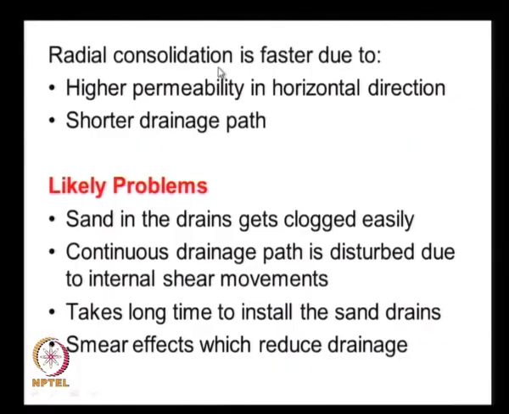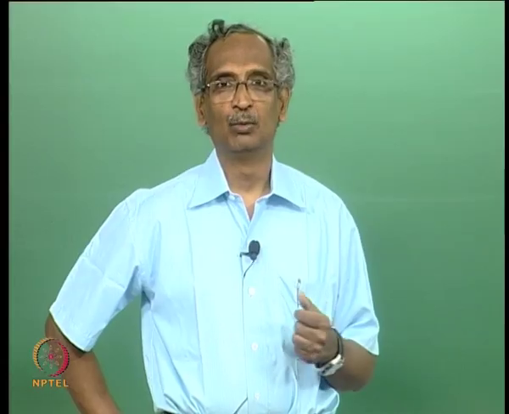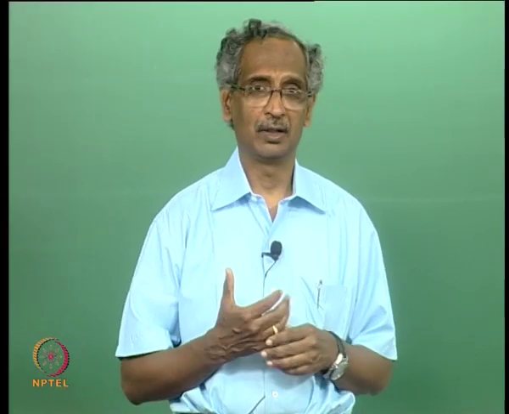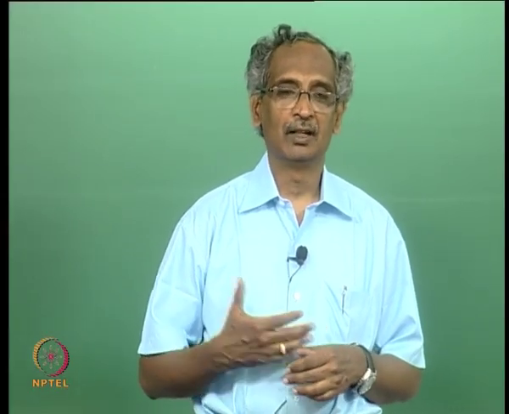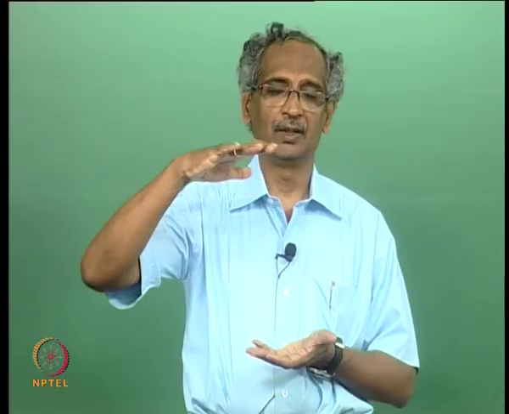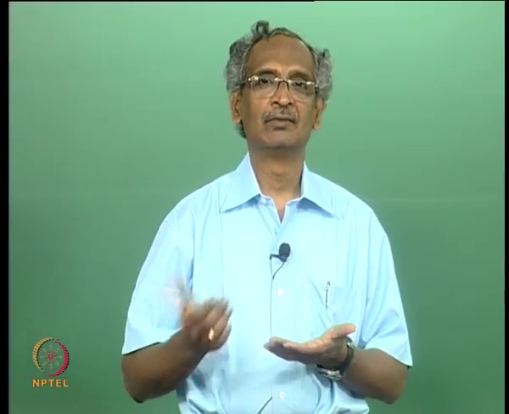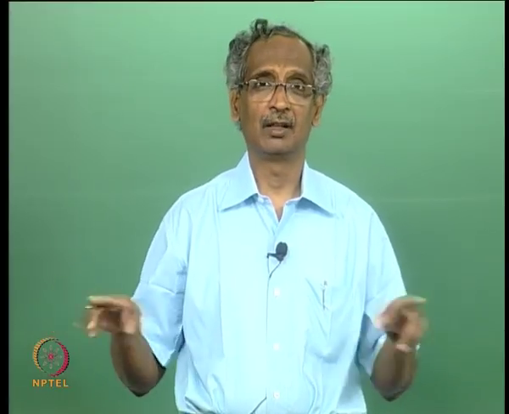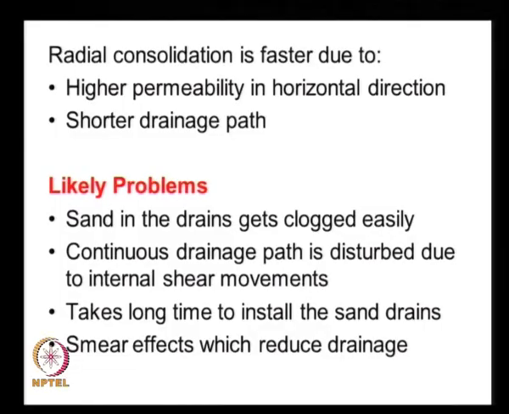Our radial consolidation is very fast because of two reasons. One is because of higher permeability in the horizontal direction. We all know that most of the clay soils are highly anisotropic and they have different properties in different directions, and because their direction of deposition is in the vertical direction, they have an easy flow path in the horizontal direction as compared to the vertical direction.